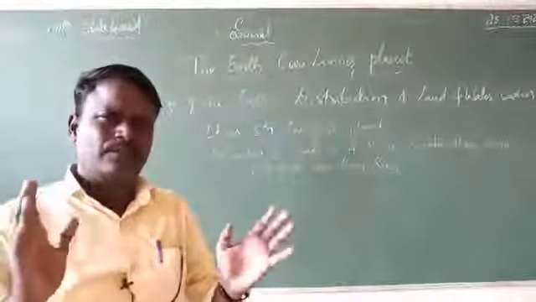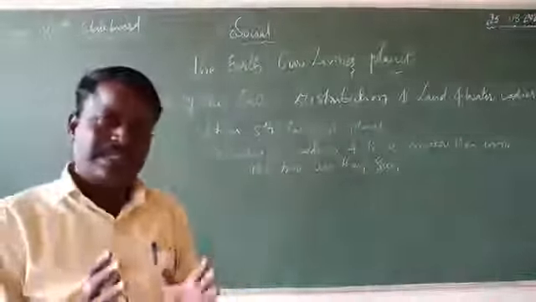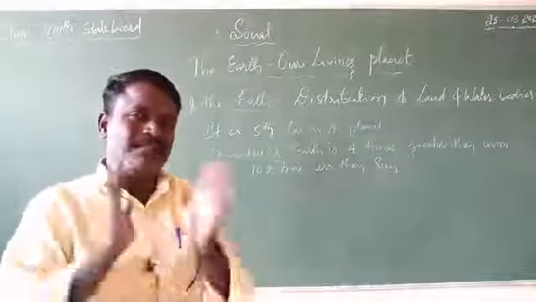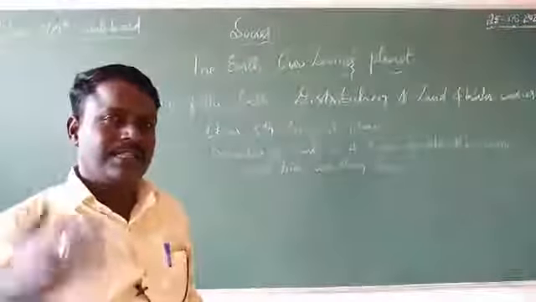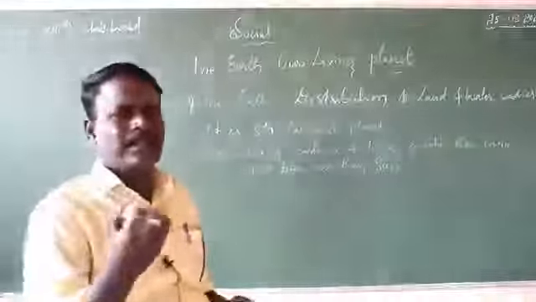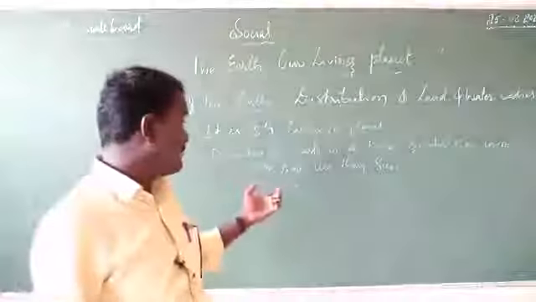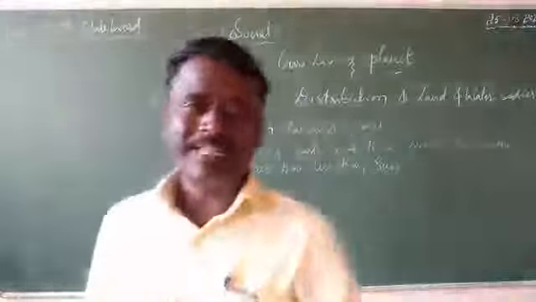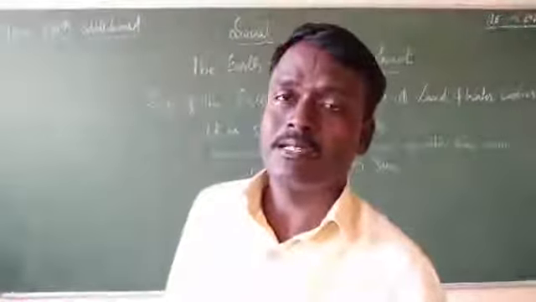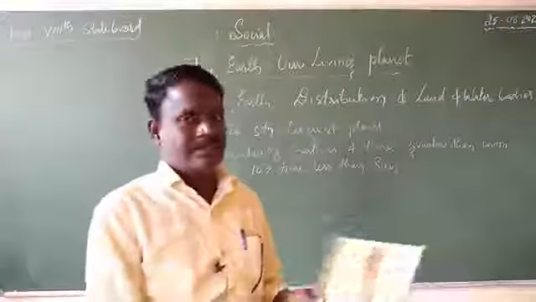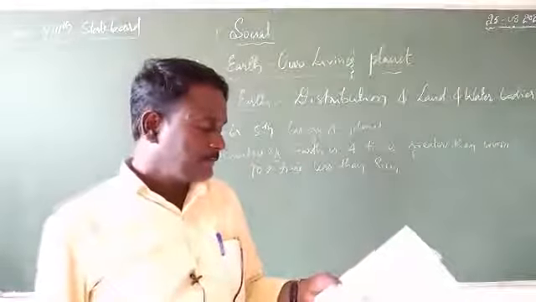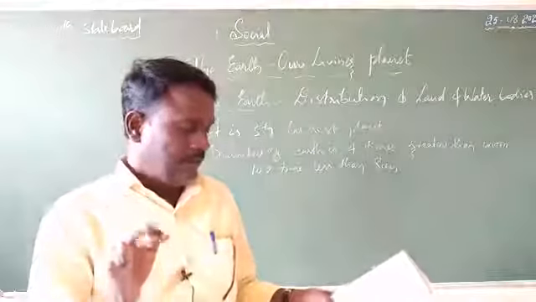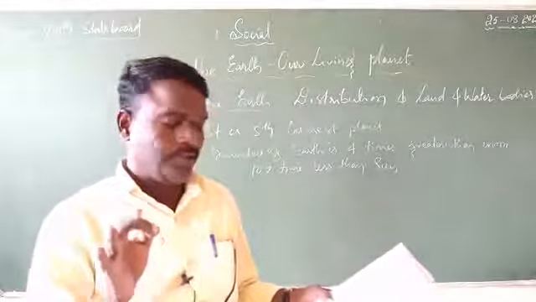Compared with the moon, earth is definitely bigger, but compared with the sun, earth is very small, 107 times smaller. From here itself we can understand how small the earth is compared with the sun.